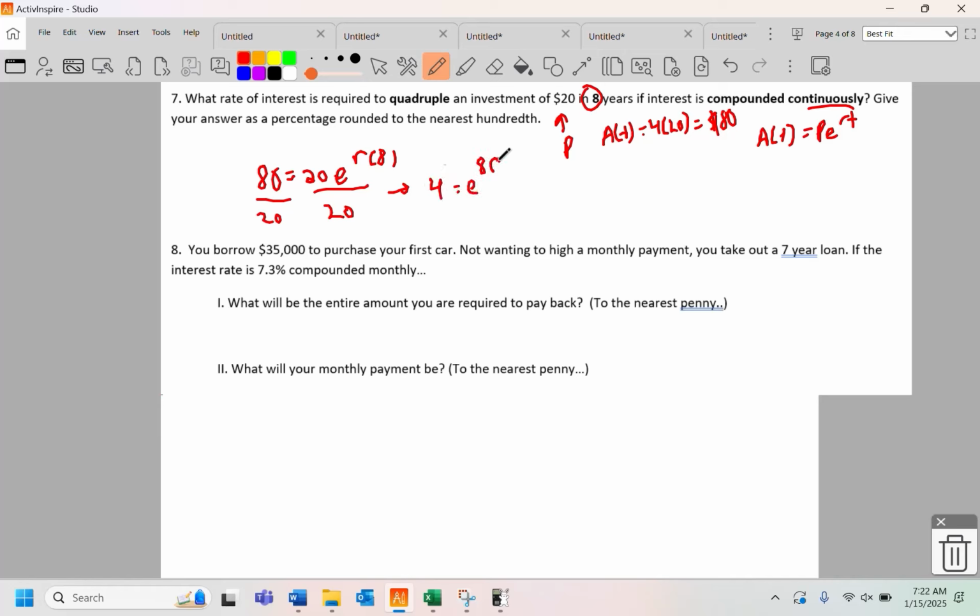I'm just going to rewrite that so it looks better. And then I can go through and I can convert it into a logarithm. I have a base, I have an exponent, and I have an argument, right? So this is a log whose base is e, its argument is a 4, and it would equal 8r. Divide by 8. Now log base e is known as ln, the natural log. So the ln of 4 over 8 is my rate of interest.